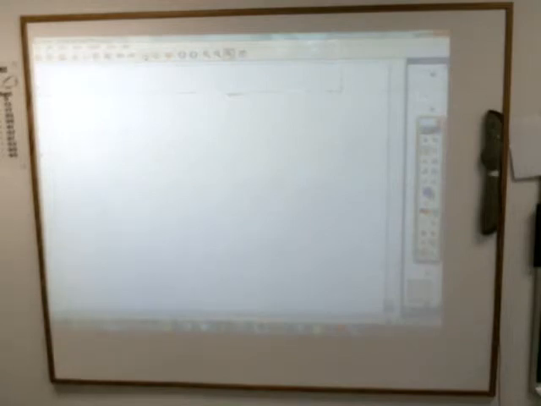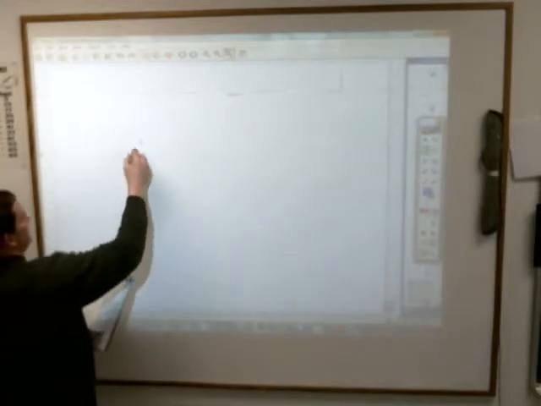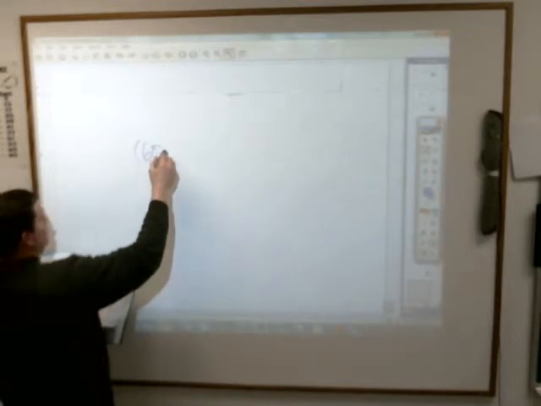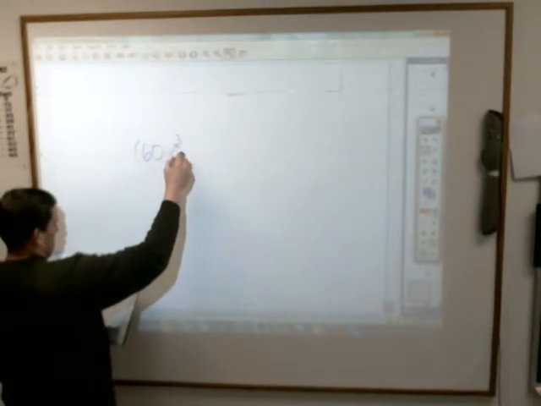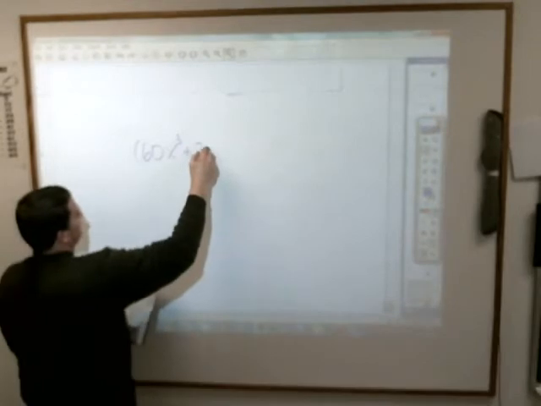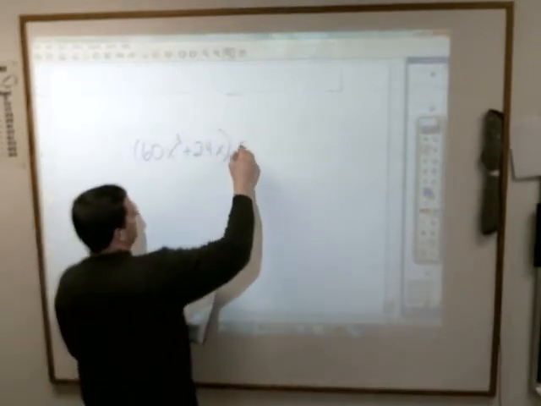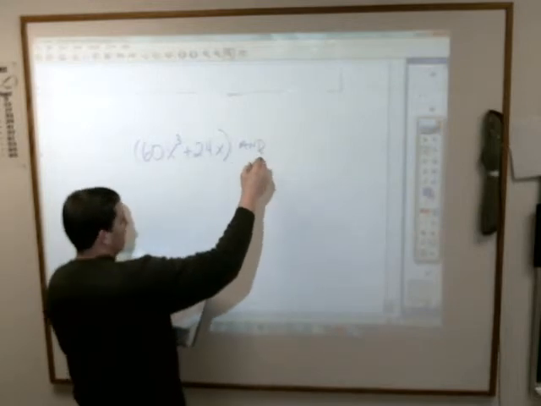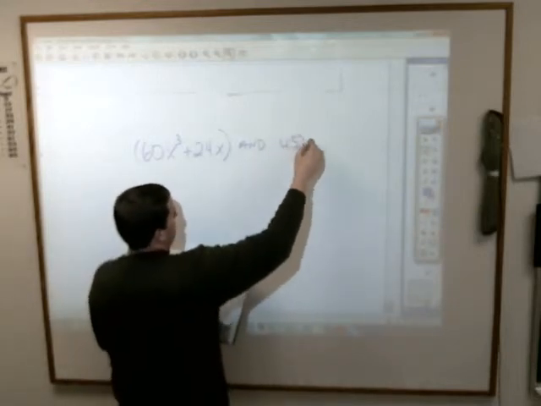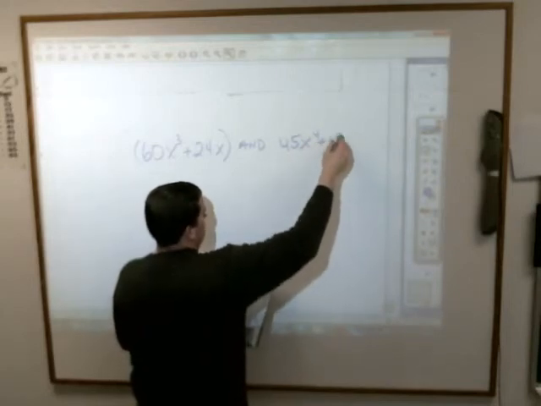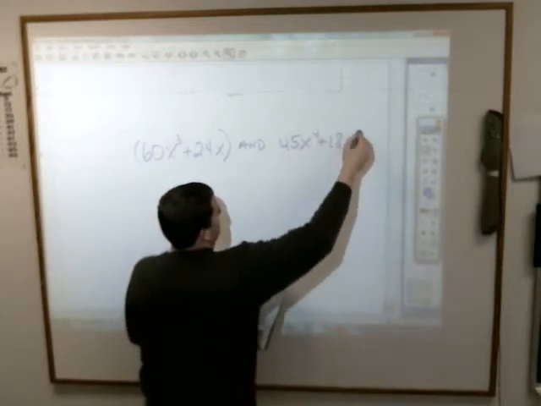All right, here's where it gets tough. Write this one down. I love this. 60x cubed plus 24x, in parentheses, and 45x to the fourth plus 18x squared.